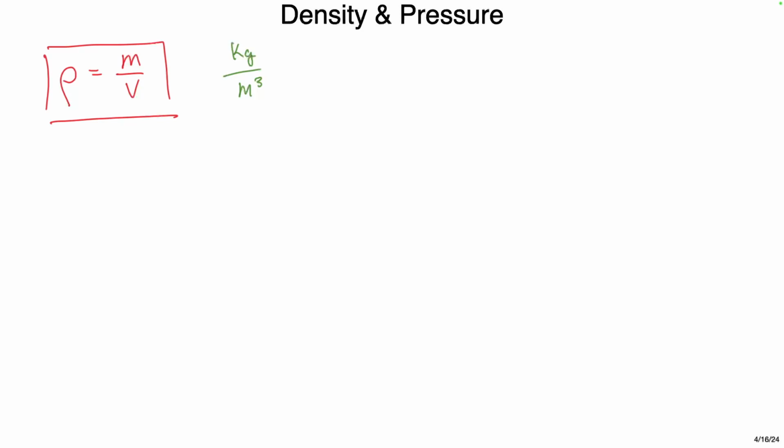Grams per, well, that was the pressure. Grams per cubic centimeters. Do you remember that? Grams per milliliter. Yeah, this is starting to bring back some post-traumatic stress disorder from chemistry, right?